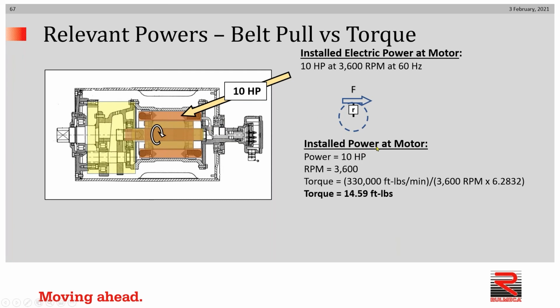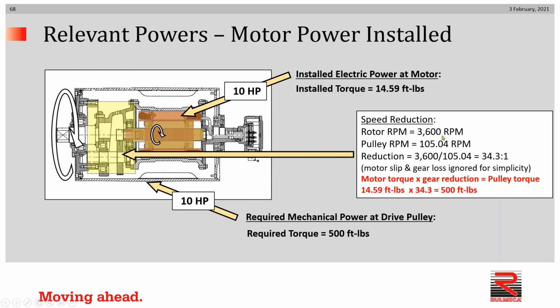If the installed motor power is 10 horsepower and the RPM is 3,600, we can easily calculate that torque equals 14.59 foot-pounds by dividing, as you see here, 330,000 foot-pounds per minute by the product of 3,600 and 6.2832. Pulling it all together, you can see that installed torque with a 10 horsepower motor is 14.59.